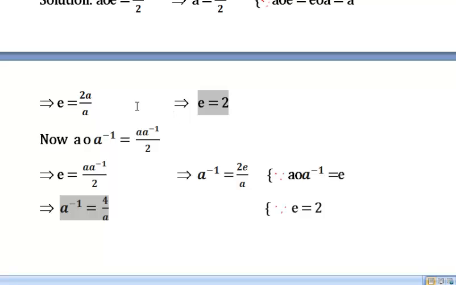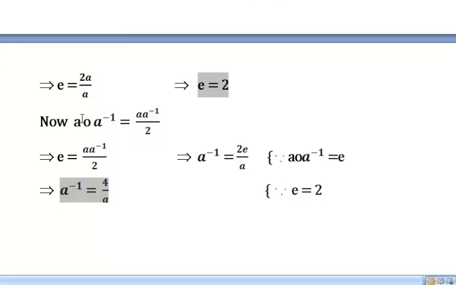Now we have to find the inverse of A. A O A inverse is equal to A into A inverse upon 2 by given condition. This implies that E is equal to A A inverse upon 2 since A O A inverse is equal to E by definition of inverse.